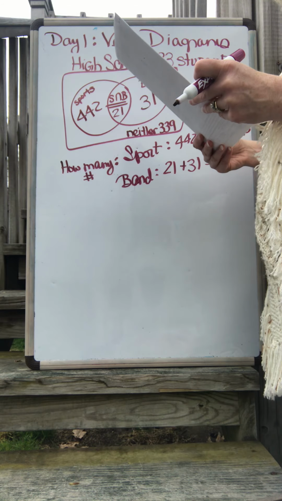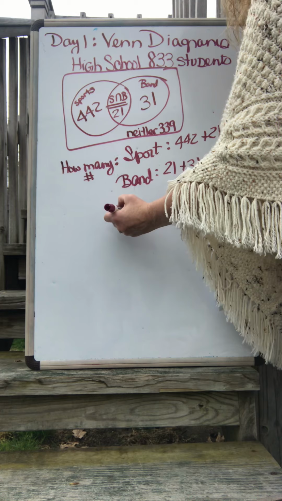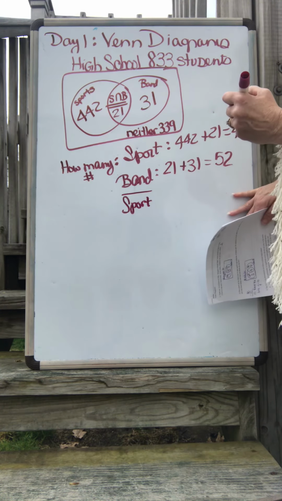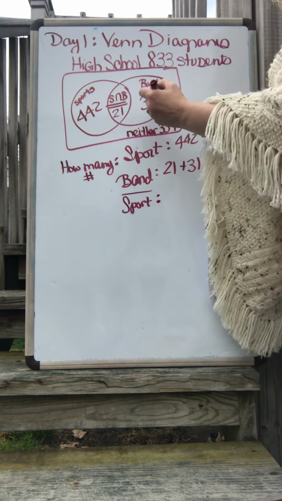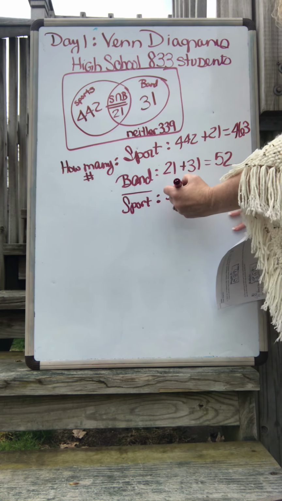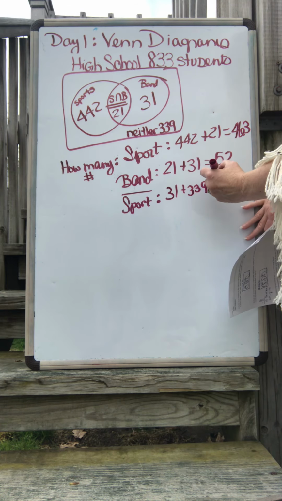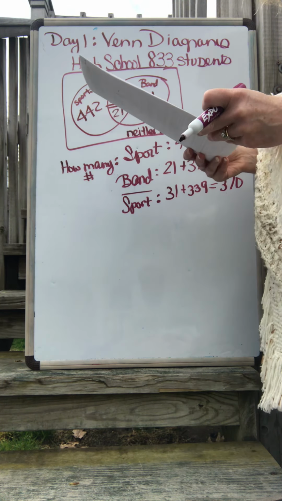How many do not play a sport? Now, if I just want to know how many are not playing a sport, that means, and that's my symbol for not, band only and neither. So here's my 31 plus my 339, and this is 370 students who are not playing a sport.